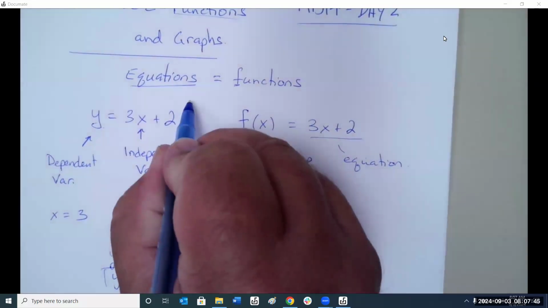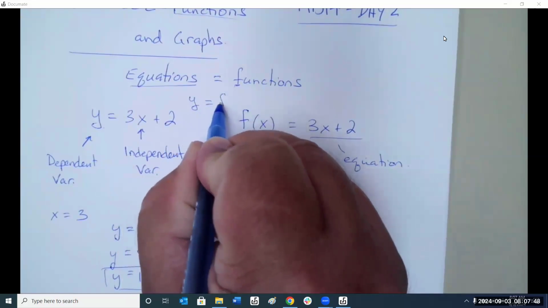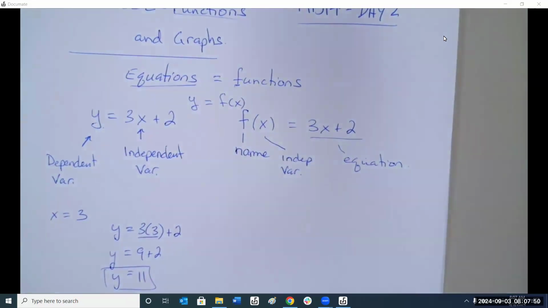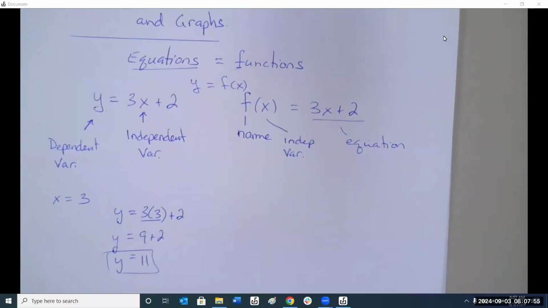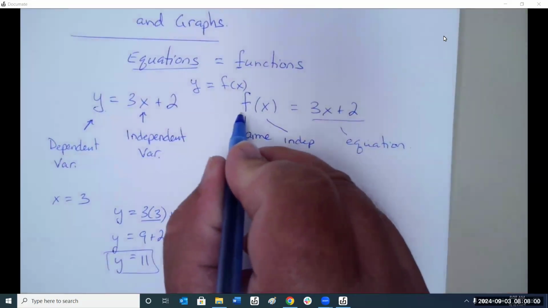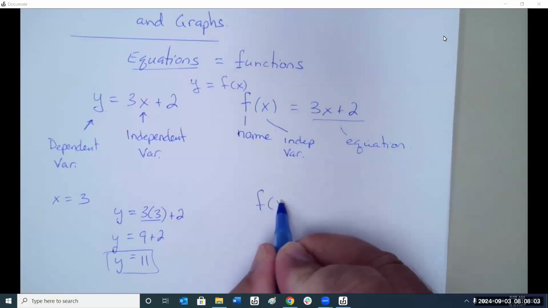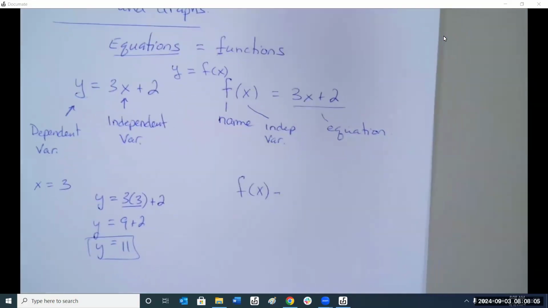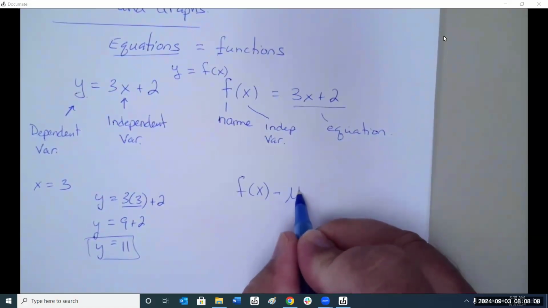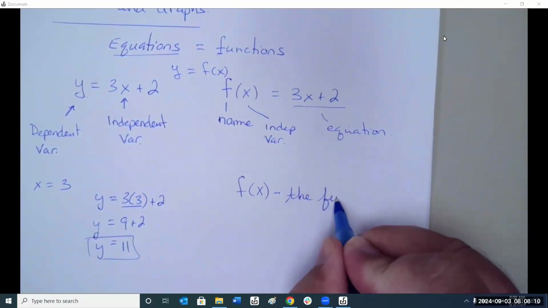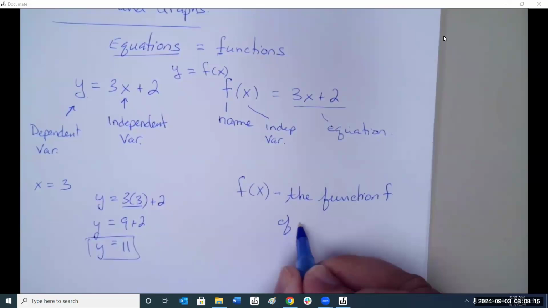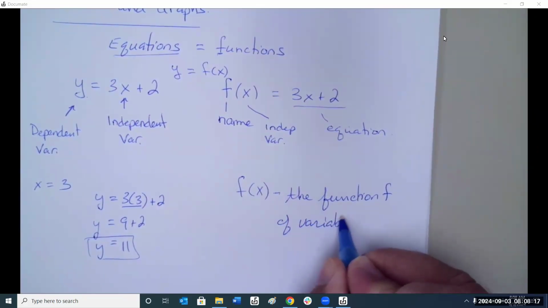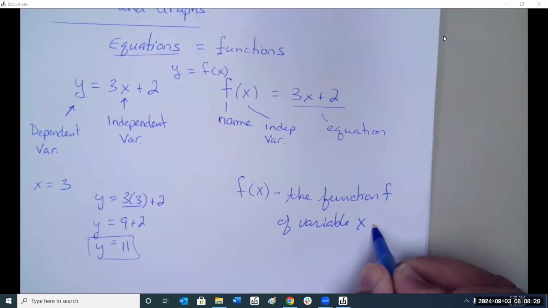So the difference is this. Y is the same thing as a function. F of x is read the function f of variable x is.